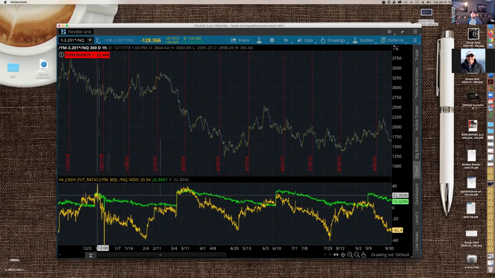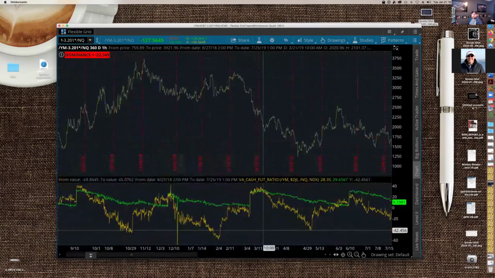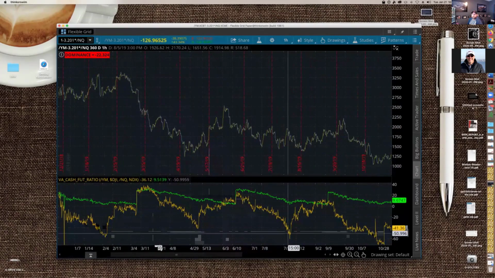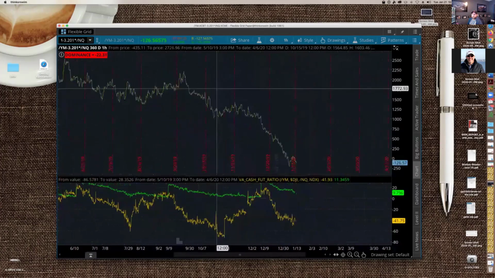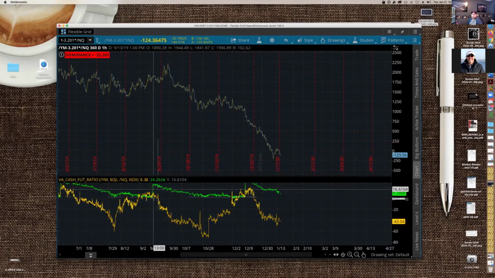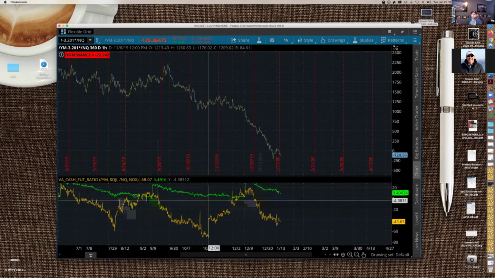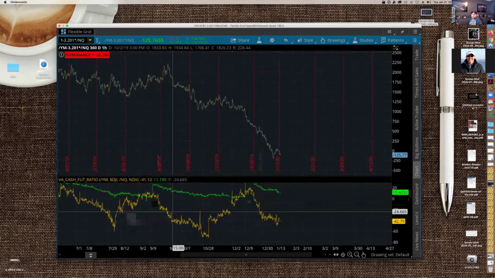We go back here, that's the 12th or 17th of December through the 5th of February. Then it does the same thing again here, and here, and here and here. So what is driving the decline in advances in the ratio in the VA spread is this difference between the NDX cash and future ratio and the Dow future ratio in cash index. So it's pretty interesting.